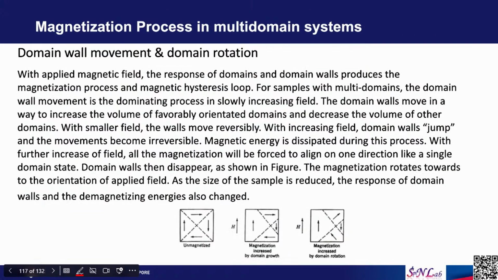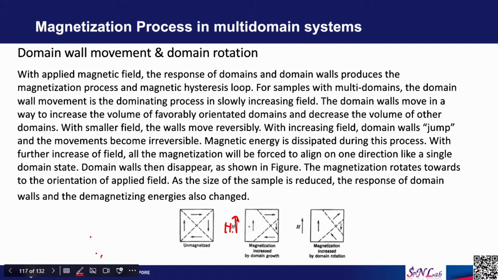You do not need to read through the text. Let us say you have a system with many domains and a magnetic field along this direction. The region where the magnetization is pointing in the same direction as the magnetic field expands. You can see that this region has expanded.